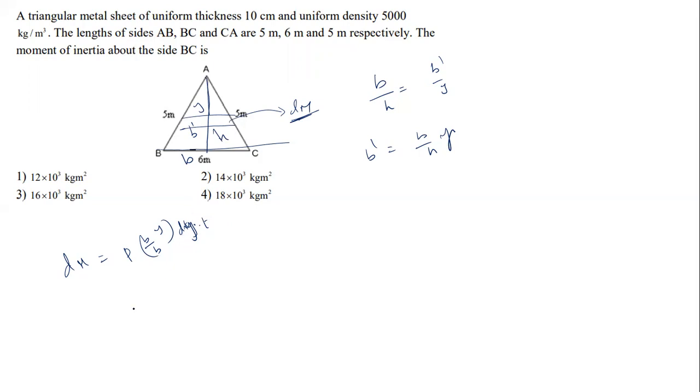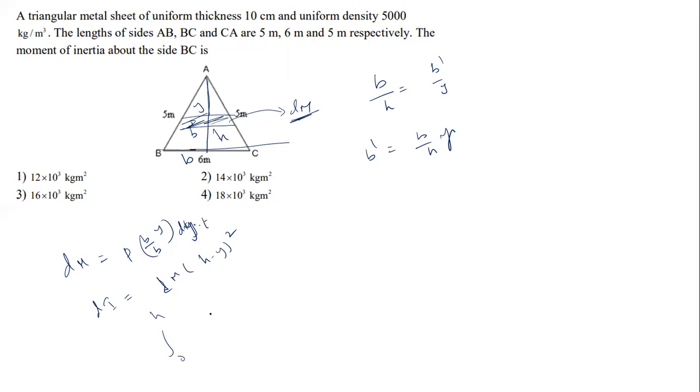So then moment of inertia, how do you write? dI is equal to dm into distance square. The total distance is h, this distance is y, so h minus y whole square. If we integrate this from 0 to h, clear.